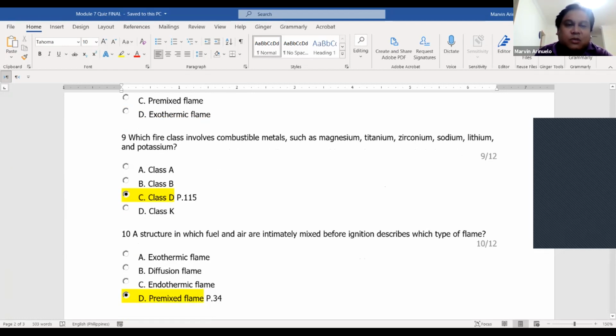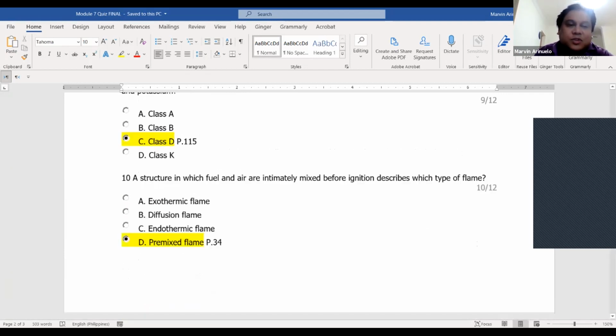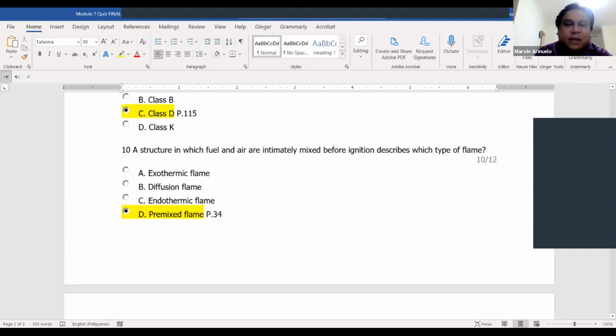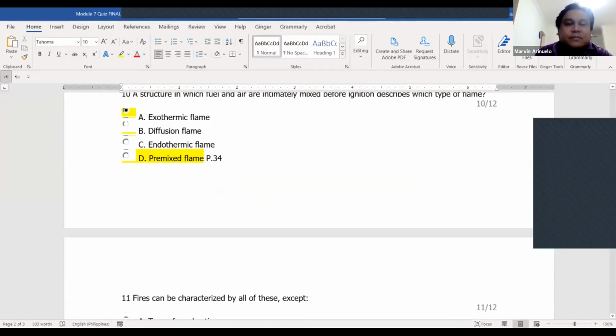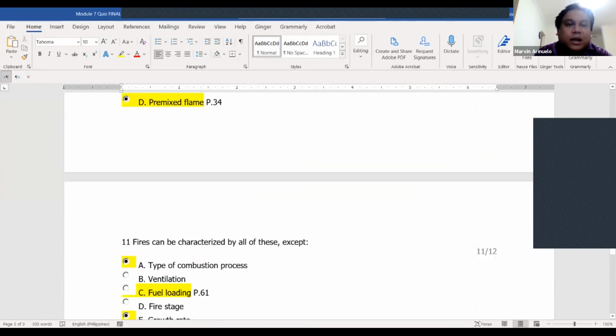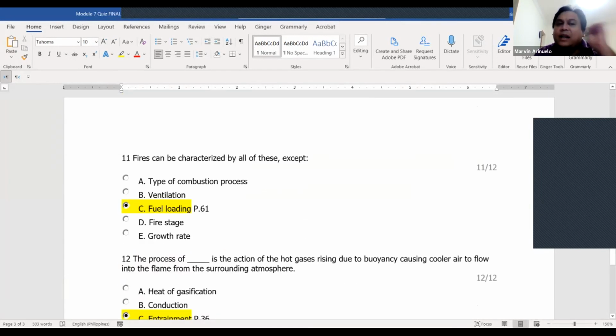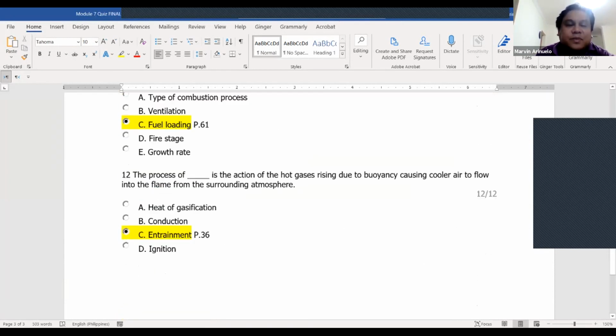Which fire class involves combustible materials such as magnesium, titanium, zirconium, etc.? That is class D or metal fire, page 115. A flame in which fuel and air are intimately mixed before ignition is a premix flame, page 34. Fire can be characterized by all of these except fuel loading, page 61.